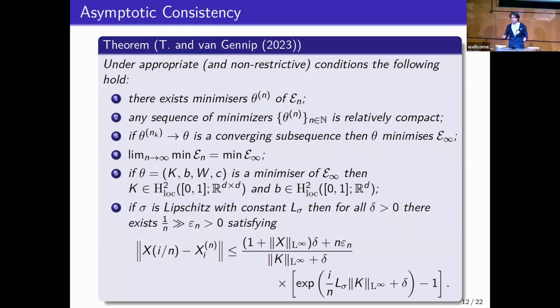So it's a very basic consistency type result. We can also say that the minimums converge from the discrete energy to the continuum setting.